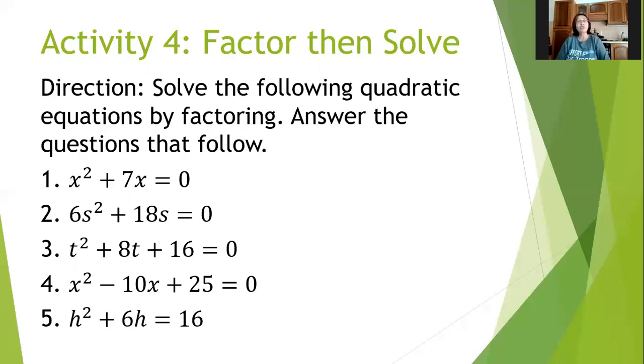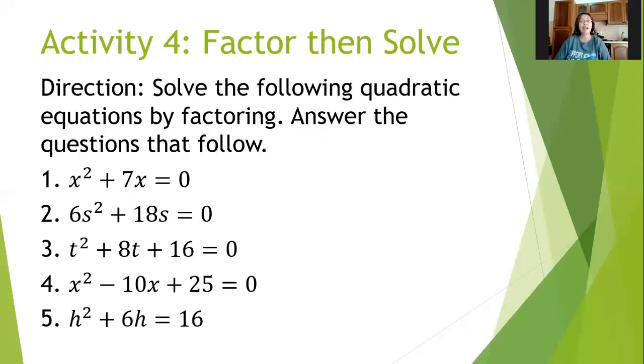And the third one, we have t squared plus 8t plus 16 is equal to 0. The factor is a binomial. And the other one, x squared minus 10x plus 25, is also a binomial.